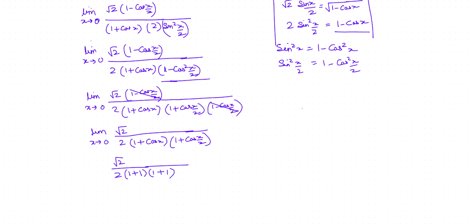So we will get under root 2 by 2 times 2 times 2, which will give under root 2 by 8. Okay, so please go over this question and please let me know if anything is not clear. Let's do one more challenging problem.